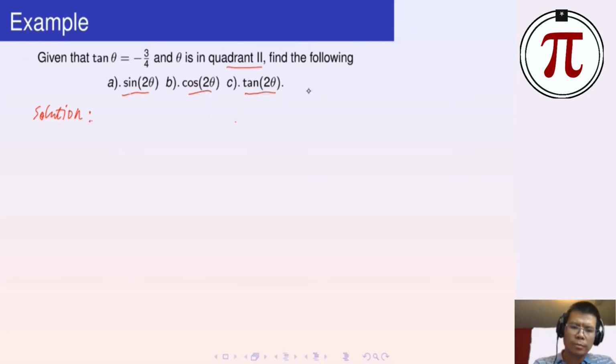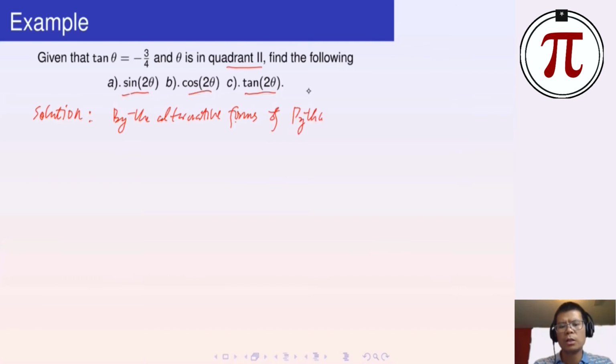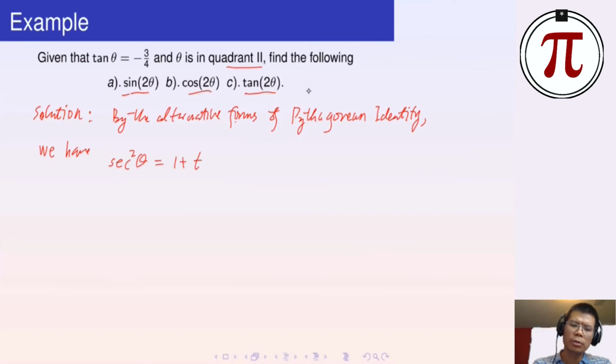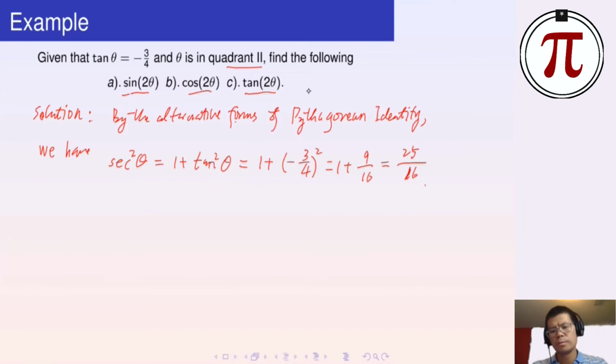Now by the alternative forms of the Pythagorean identity, we have secant squared theta equals 1 plus tangent squared theta equals 1 plus negative 3 over 4 squared, which equals 1 plus 25 over 16... all right, 25 over 16.